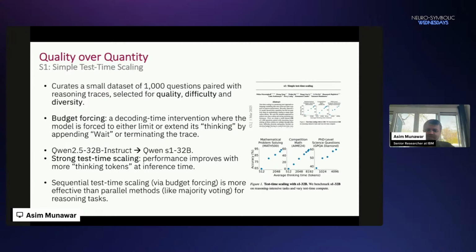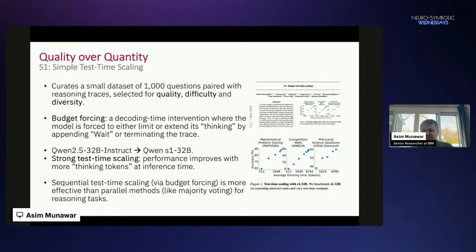Later, after the DeepSeek R1 paper, this is another interesting paper that came along. There are many more that we can talk about, but this is a very easy to understand paper where they curated a small data set.